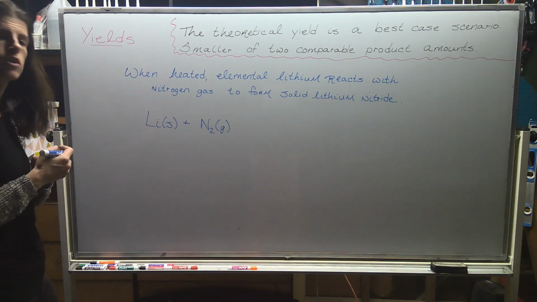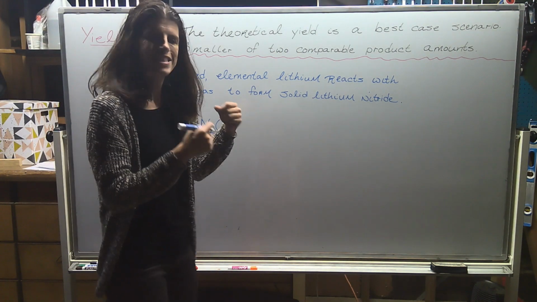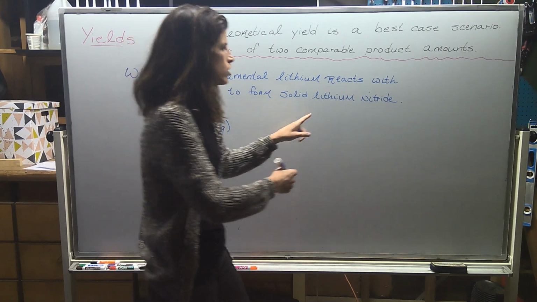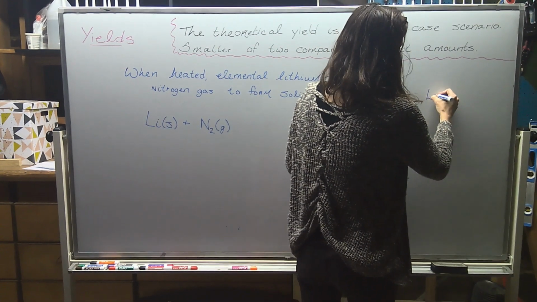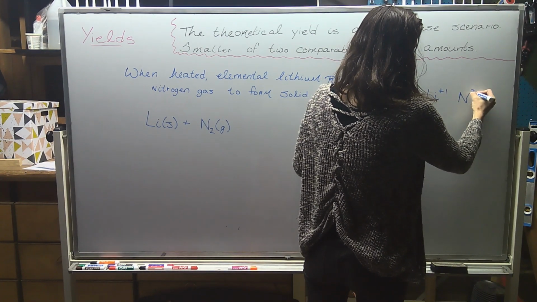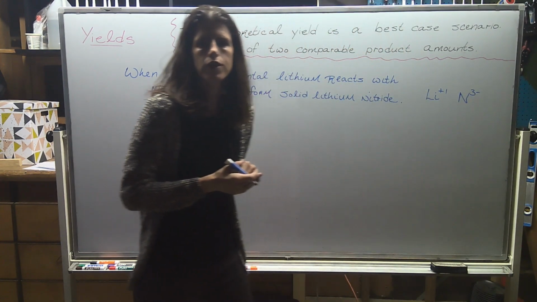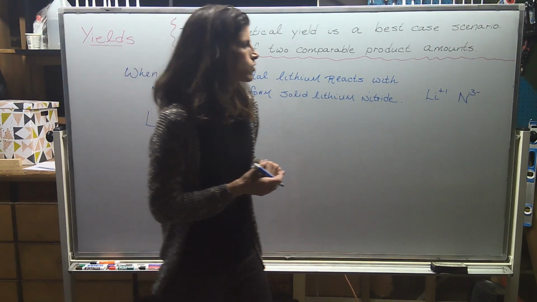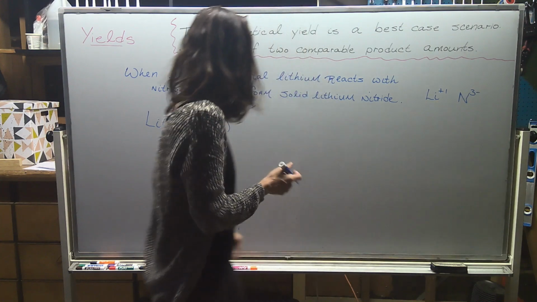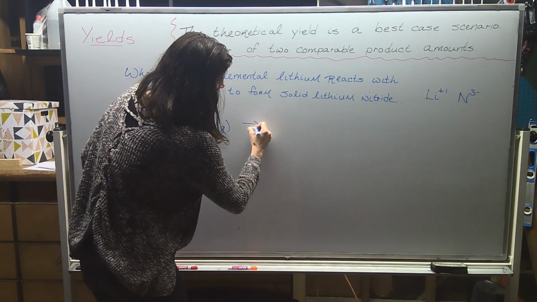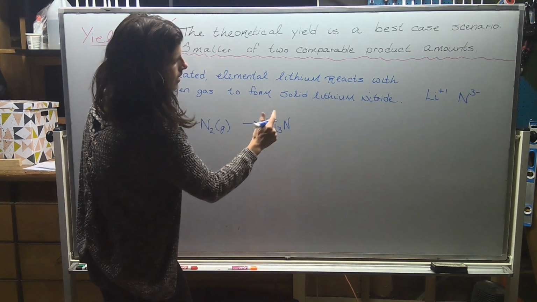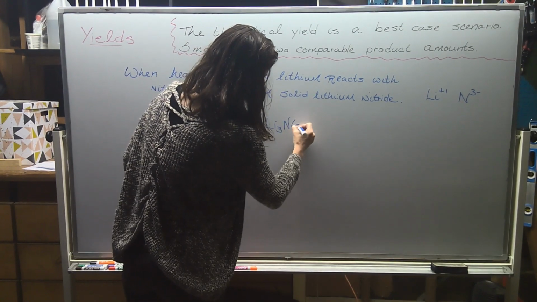So here we got to do a little bit of work. It's an ionic compound, so we're going to crisscross the charges. So lithium is a group 1, so I'm going to do a +1 for that. Nitrogen is group 5, so I'm going to do a -3 on that. And then when I crisscross them, I get Li3N. They told us that it's a solid, so we'll do that there.